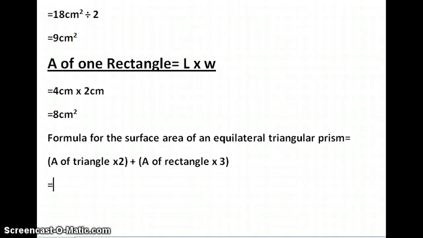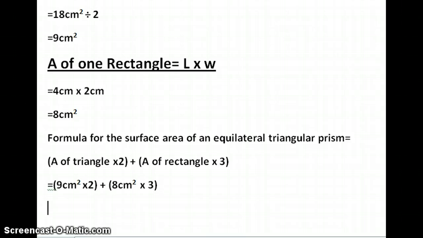So the area of the triangle is 9 centimeters squared, and then we need to multiply that by 2. Then we add that to our area of one rectangle, which was 8 centimeters squared, and there were 3 of those rectangles, so multiply it by 3.